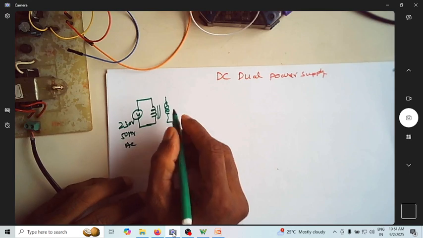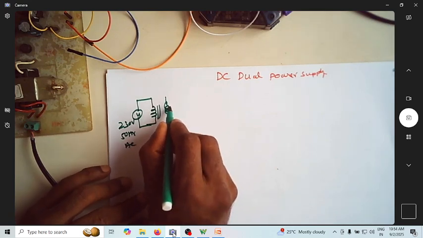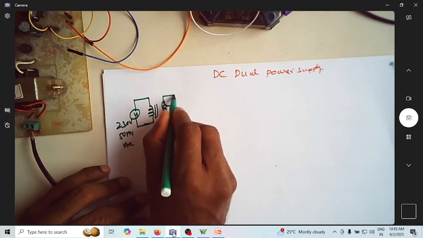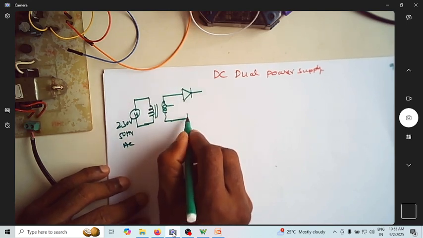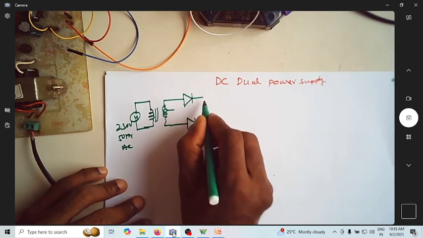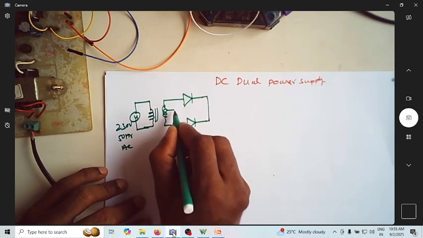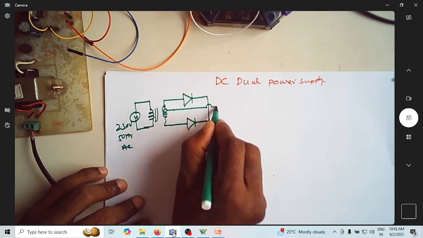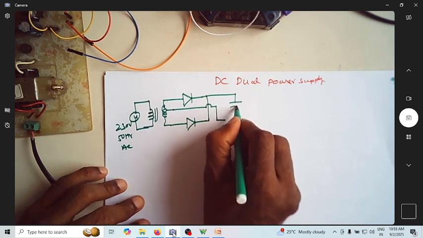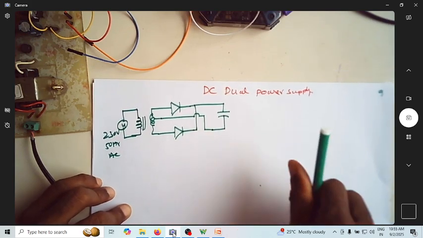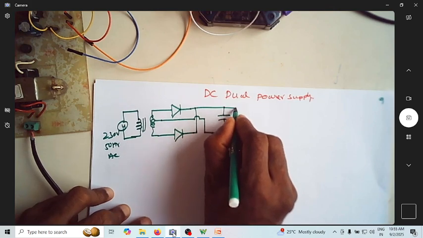I will use a center tap transformer. So this is not the bridge, sorry, a two diode rectifier circuit. This I will ground it. I will use a capacitor here to filter it, and I will use the regulator.